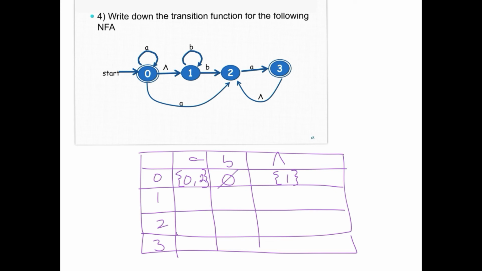If I'm at state 1, I think there's no way on A. B can go to states 1 or 2, and there are no lambda transitions from state 1, so that gets the empty set. If I'm at state 2, well, 2 on A can get me to state 3, and there are no other outputs from state 2, so those are both empty set. And finally, 3 only has one output, which is a lambda transition from state 3 to state 2, and otherwise we've got the empty set.